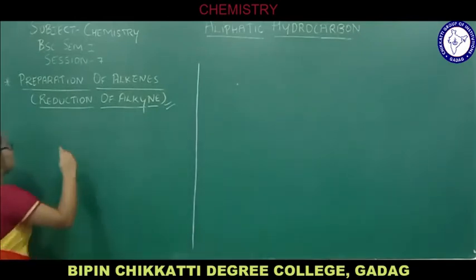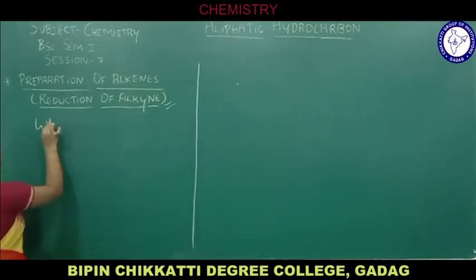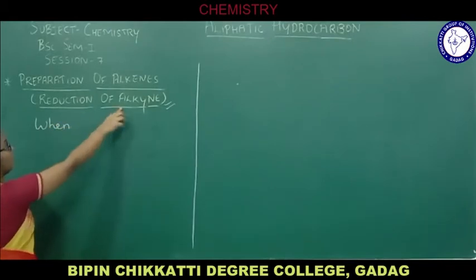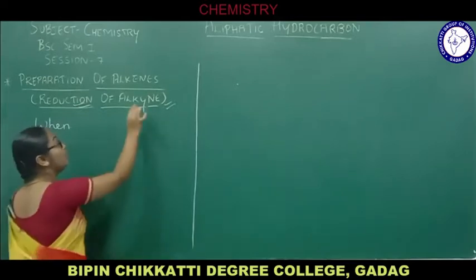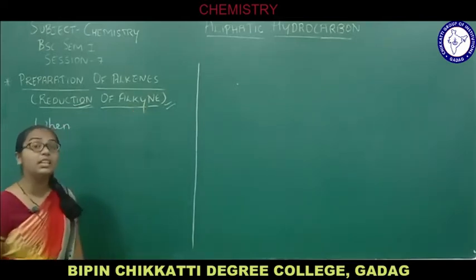So the statement is like this: when alkyne is reduced, the reduction of alkyne will take place in order to prepare the alkene.